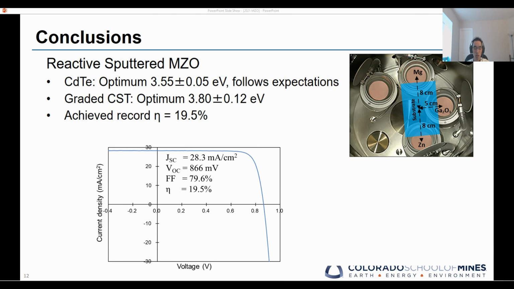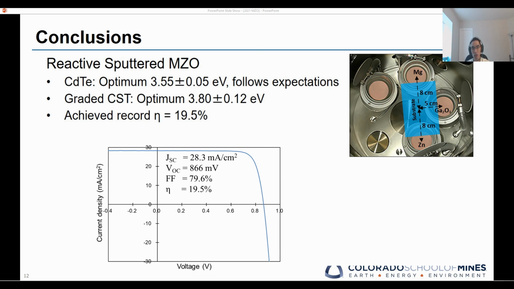In conclusion, we have employed reactive co-sputtered MZO in CdTe and CST absorbers. In CdTe absorbers, the MZO optimal bandgap is 3.55 electron volts with a small window of optimal bandgap that follows our expectations and simulation results.